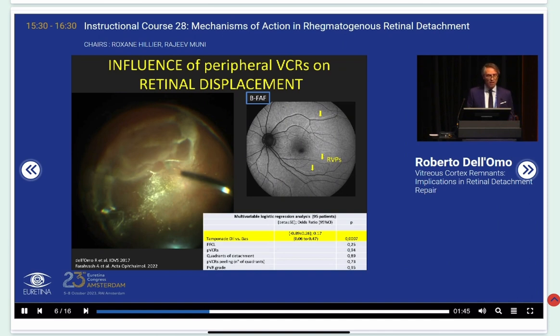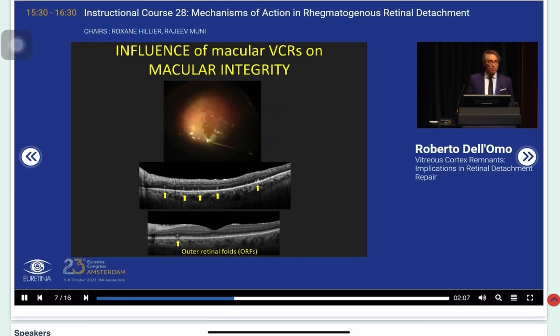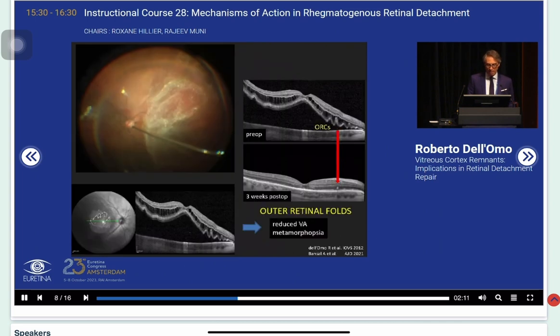as previously noted in other publications and also reiterated by a recent mathematical and computer-based model by the group of Dr. Mooney. Regarding the influence of macular VCR on outer retinal folds, again, we thought that making the retina more elastic at the macula can have an impact on the rate of post-op outer retinal folds.